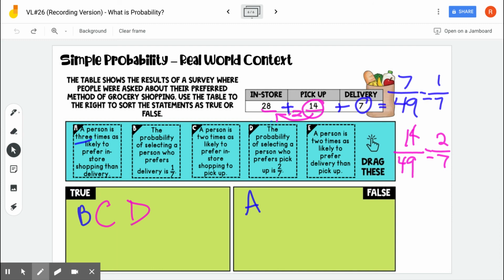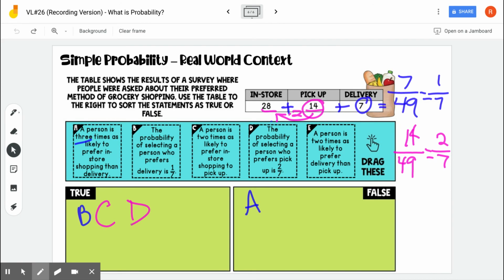And then finally, E, a person is 2 times as likely to prefer delivery than pickup. So looking at delivery and pickup, your gut reaction might be to say this is true, but you have to read it carefully.